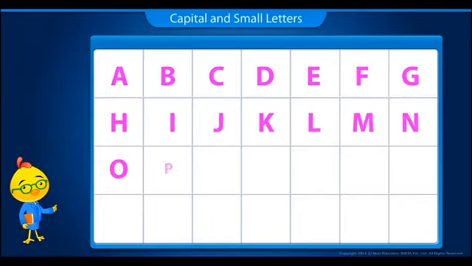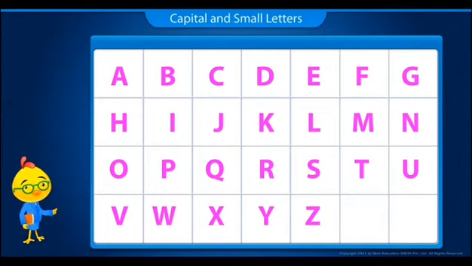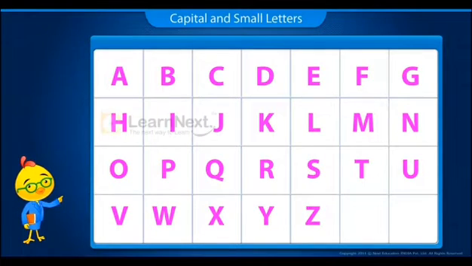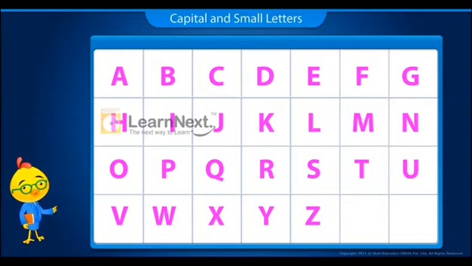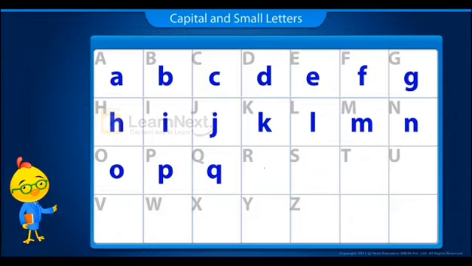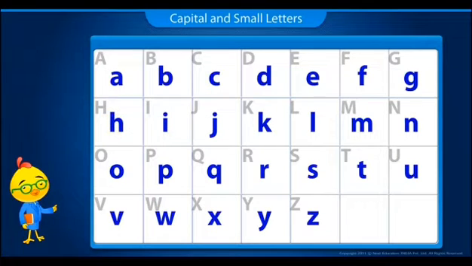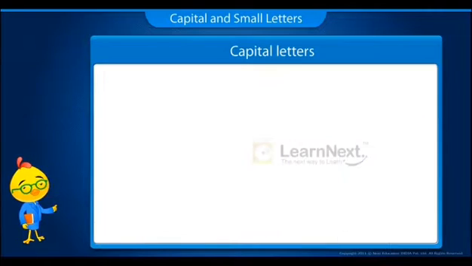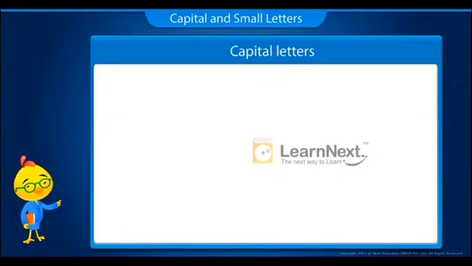So, children, these are the capital letters you have studied in your previous classes. And now we'll see what are the small letters. So, these are the small letters. You know the difference between capital letters and small letters. Now, we'll see the usage of capital and small letters.